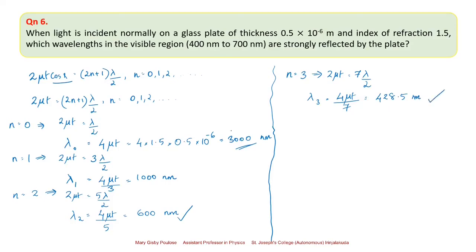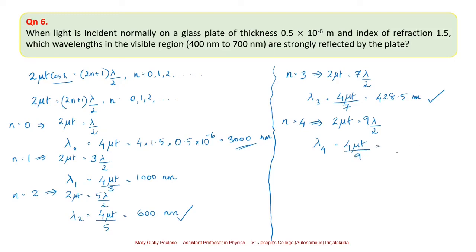Now when n is equal to 4, the condition will be 2 mu t is equal to 9 lambda by 2. So the wavelength when n is equal to 4, lambda 4, is given as 4 times mu t divided by 9.